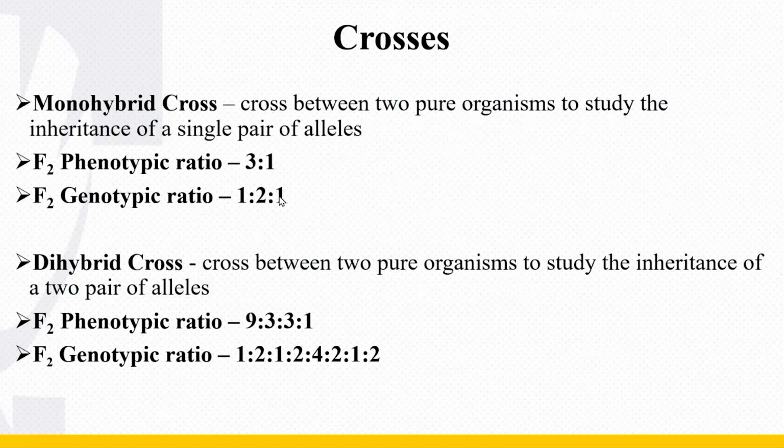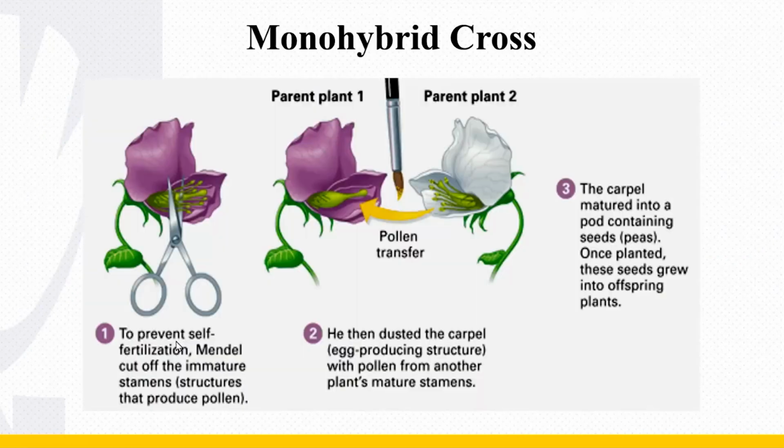Do we always get the same outcome? And how do we test for that? For the most part, we're just going to focus on the monohybrid and the dihybrid cross. When we do our Punnett squares, we're just going to try to get an idea of what happens. What are the possibilities when we conduct these crosses?